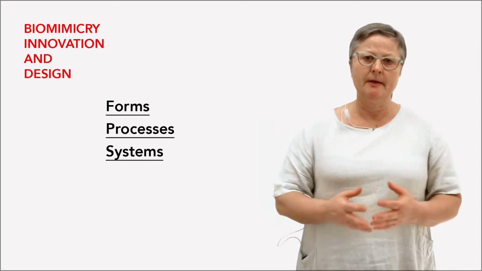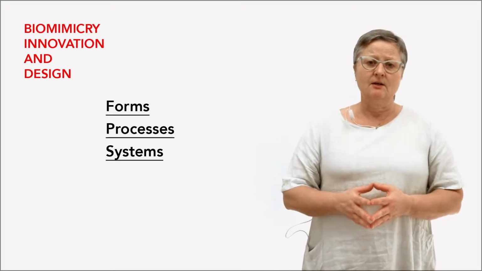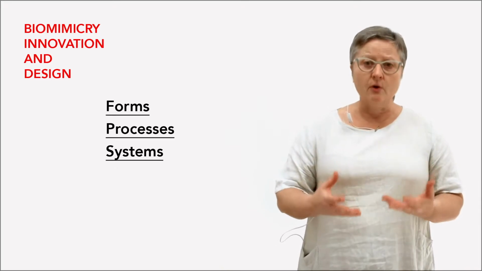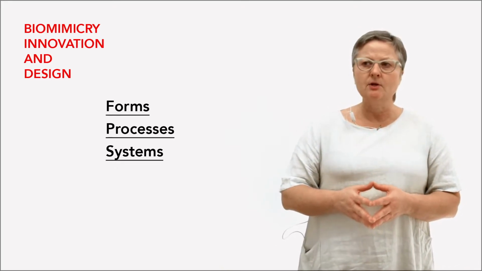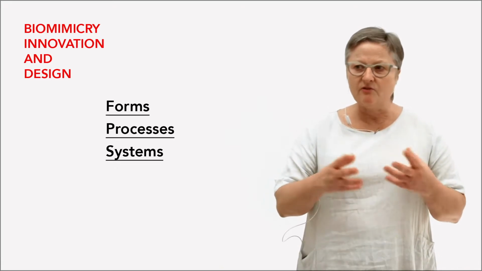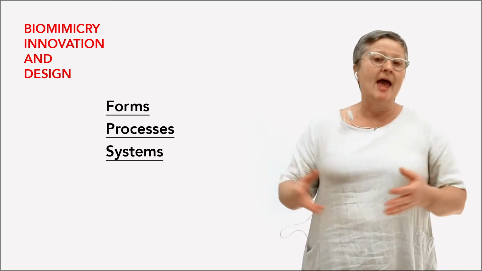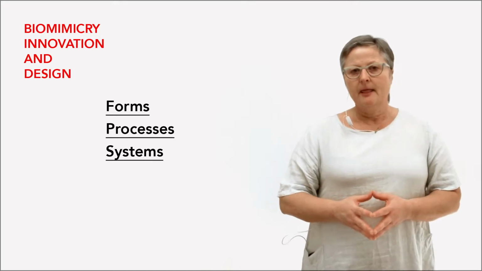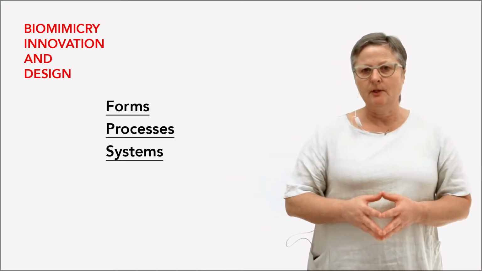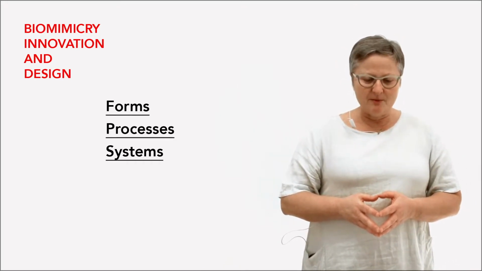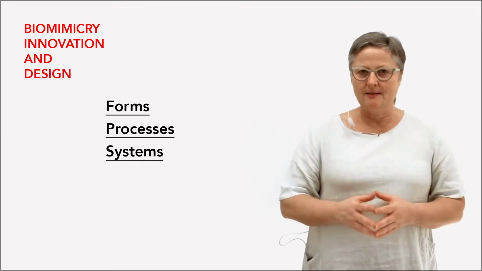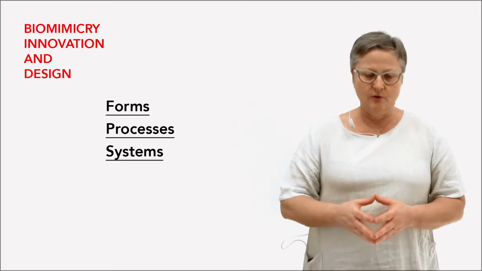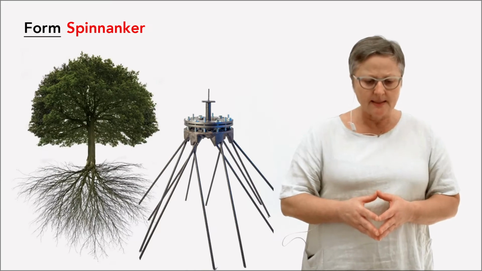So in biomimicry we say form is cheap, because whenever you can solve a problem with a different shape where you don't have to add energy into a process or into running a system, you get most out of it with the least effort. So form is always the one that is easiest fulfilled.